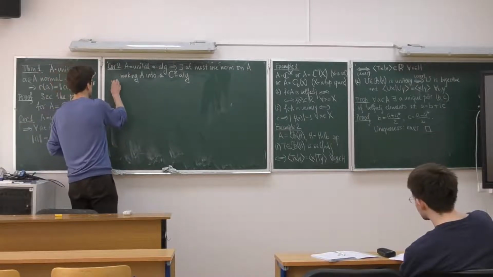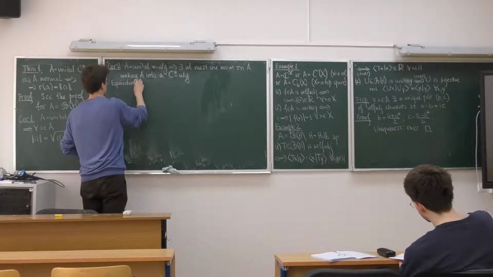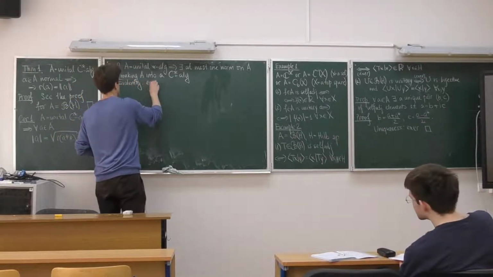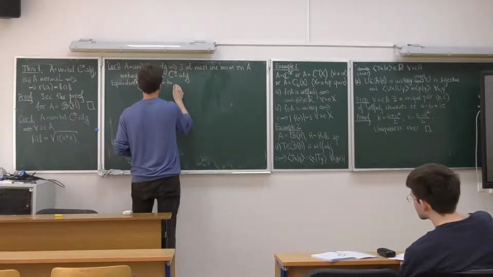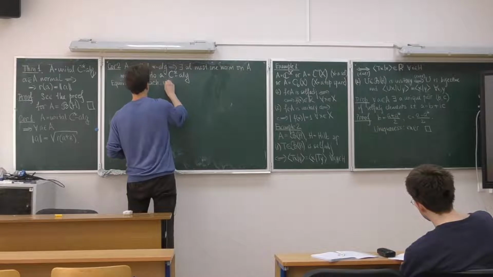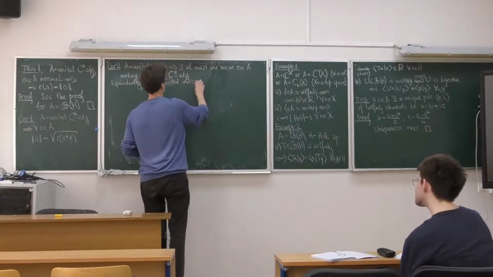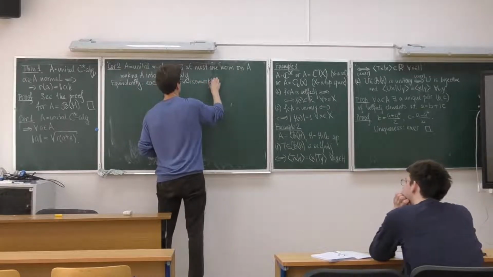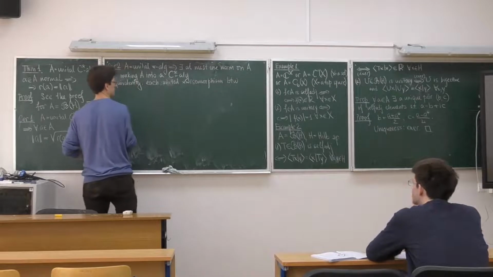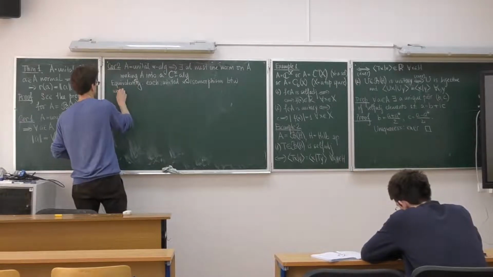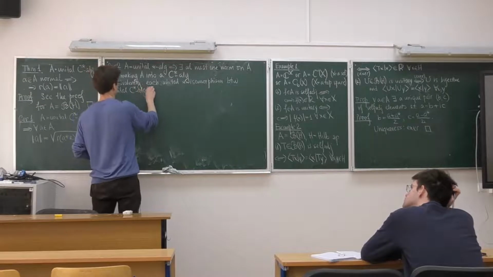Or equivalently, we can say, each unital star isomorphism between unital C-star algebras is isometric.